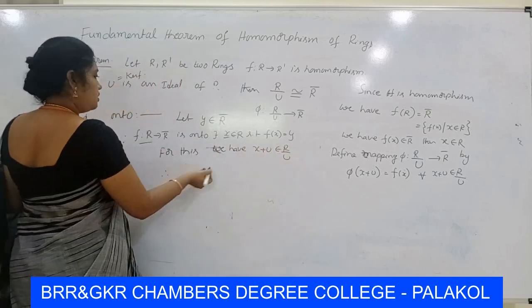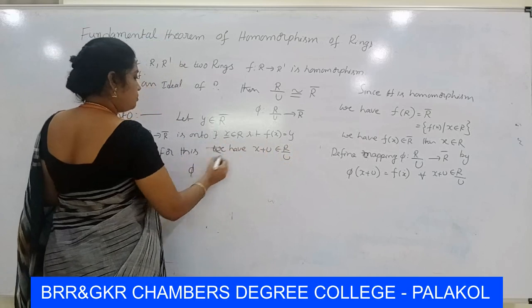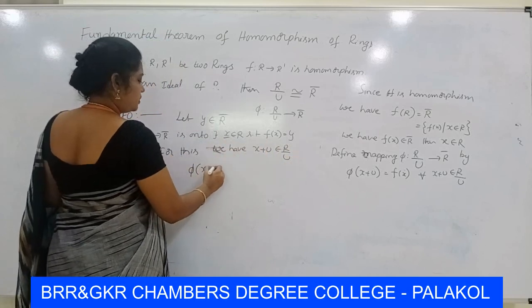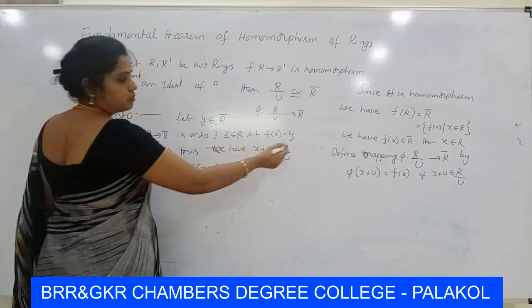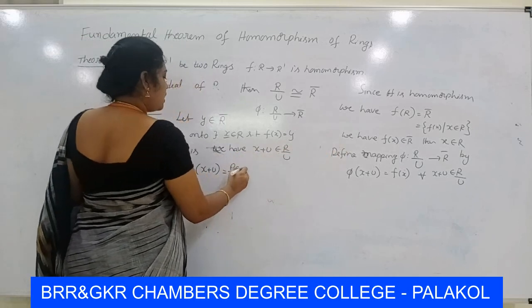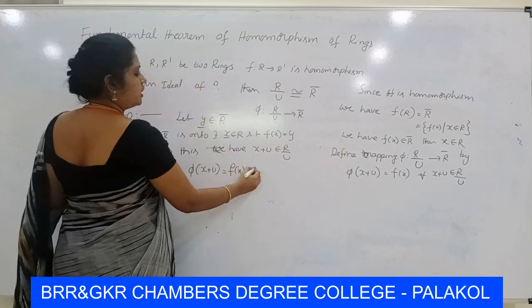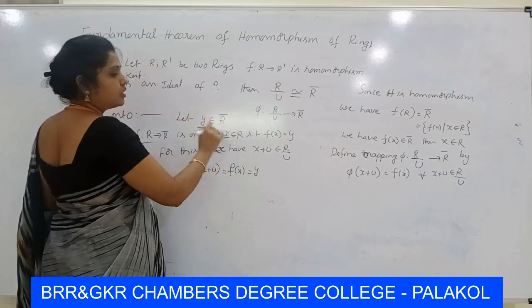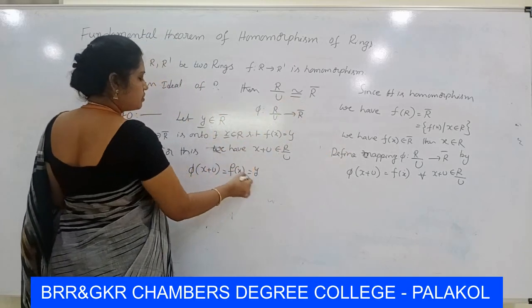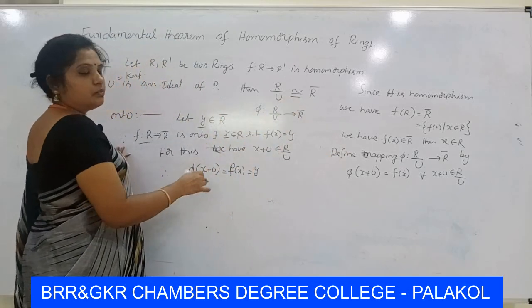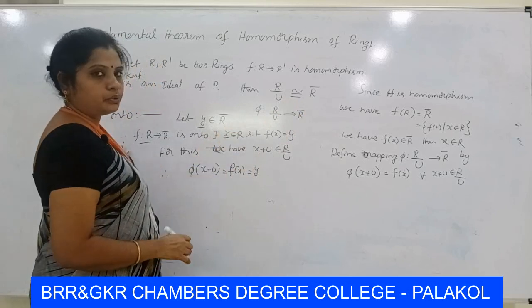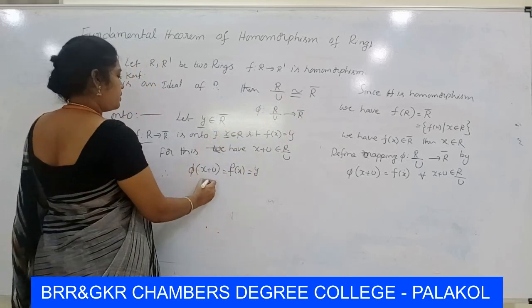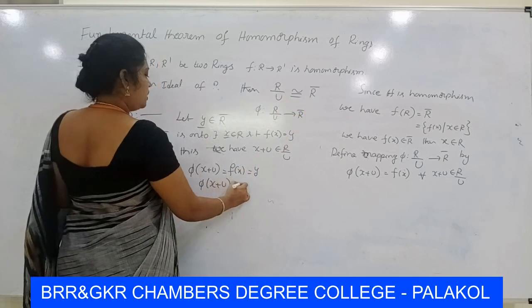So we take the image: phi of x plus U is equal to f of x, and f of x is equal to y, where y is an element of R bar. So every element of R bar is associated to some element of R by U with phi image, that is phi of x plus U is equal to y.